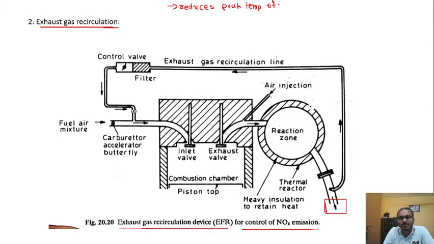Why? Because the gases coming from the recirculation line include some inert gases which work as a heat sink, so these gases will take away the heat. This also reduces the quantity of oxygen available for combustion.